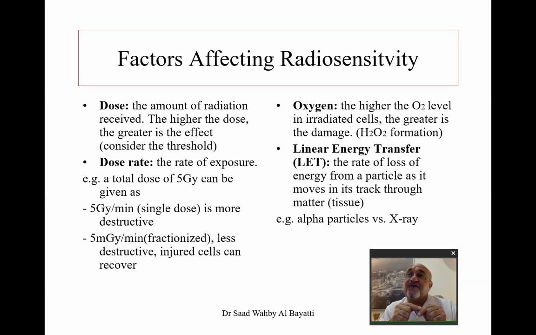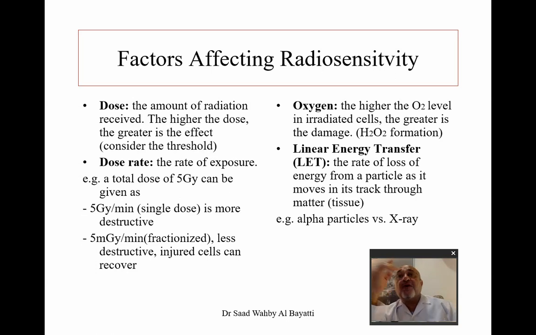X-rays can affect the tissues, but they do not lose all their energy in the irradiated tissue. They might even leave the body, or the irradiated area. So with linear energy transfer, the higher the Q factor, the more energy is deposited in the tissues, and the more the effects of radiation.